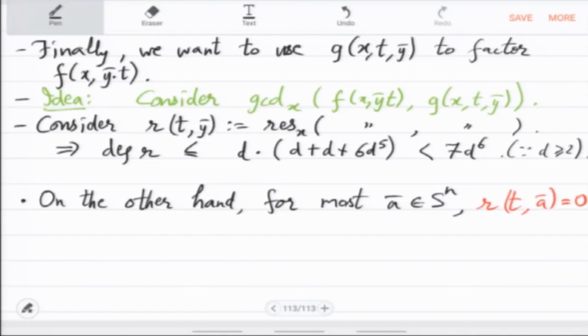So R vanishes at y bar equal to a bar for most a bar because F and G have a non-trivial GCD, because you constructed G by this. Hence, you first did Hensel lifting, then you solved a linear system of equations, right? And recall the proof of bivariate factoring. So from that you will get.